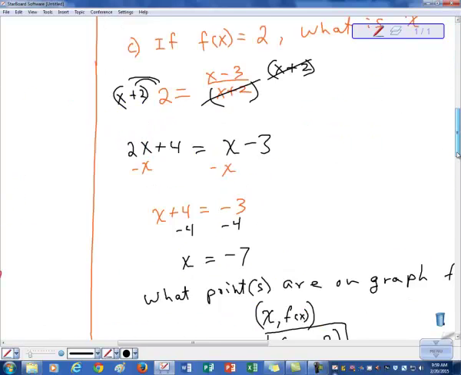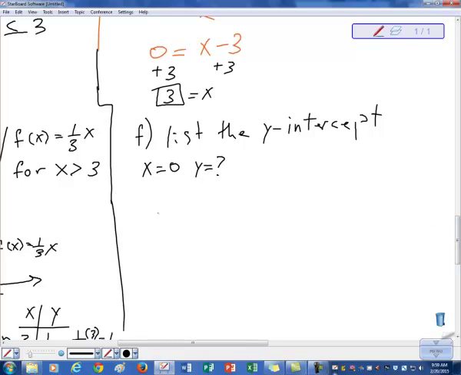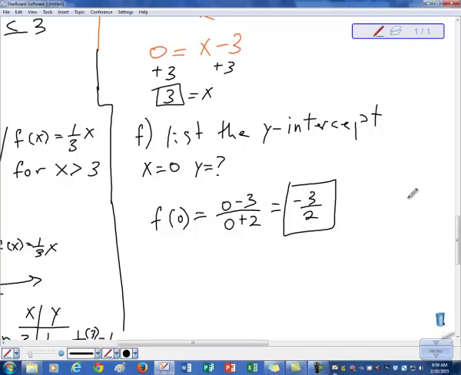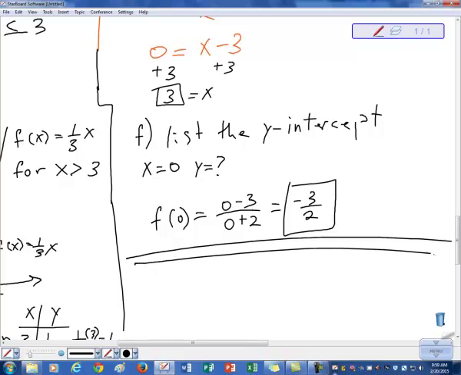So this will be f of 0, put a 0 in for x, 0 minus 3 over 0 plus 2, and we get negative 3 over 2. And so you would just write that as negative 3 over 2. There'll be space for that. Okay, and so that's that particular problem.